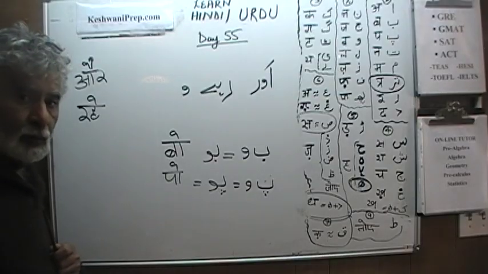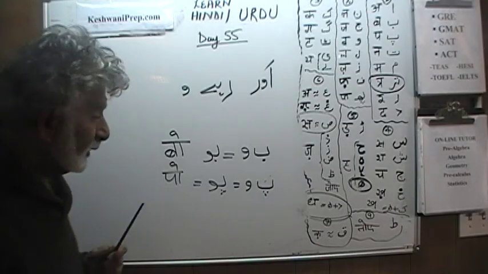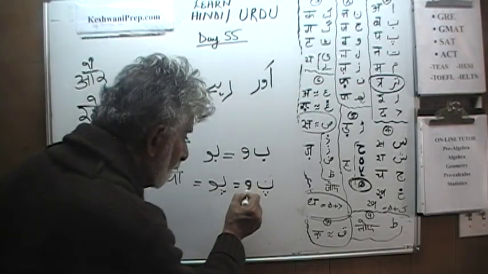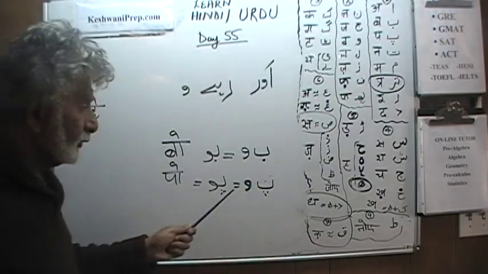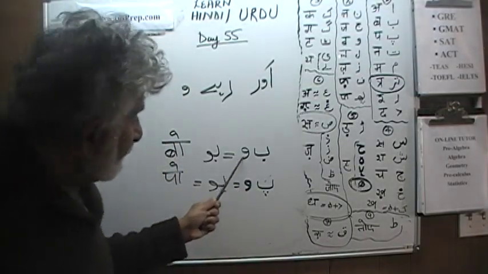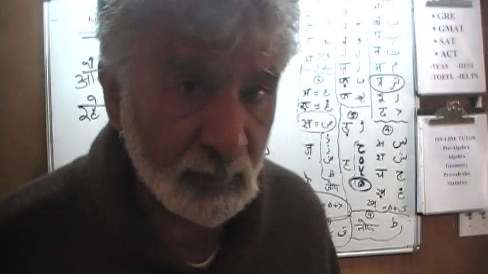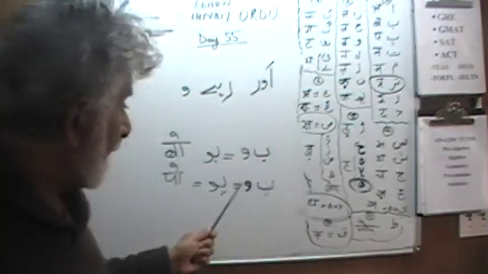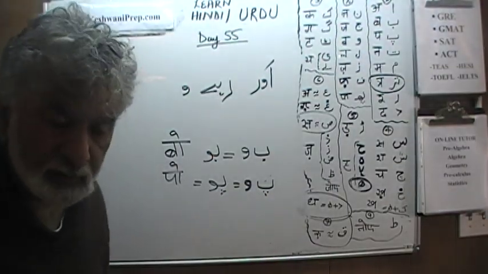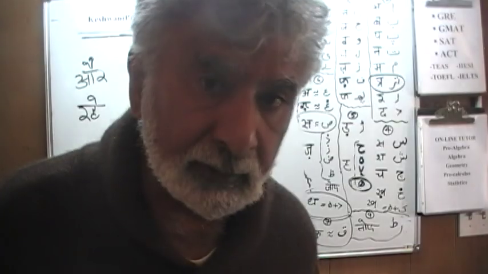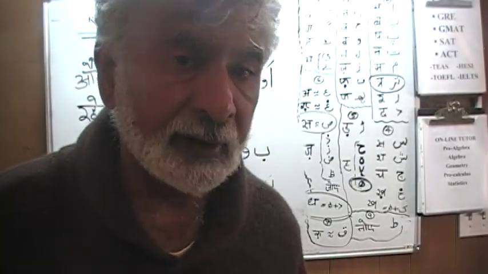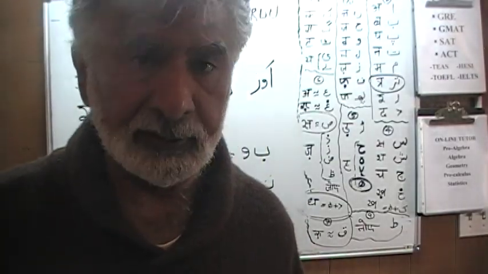The question is, what do we do when we want o ki matra for wow, for wa? This wow is a letter also. That wow serves as the choti o ki matra and badi o ki matra, but it is also a letter in its own right.